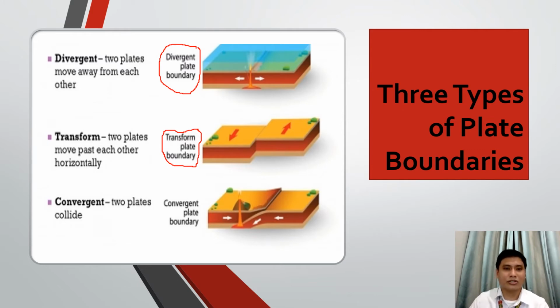And the last one, of course, is the convergent plate boundary. The last type illustrates that two plates are colliding. Okay? Two plates move towards each other.